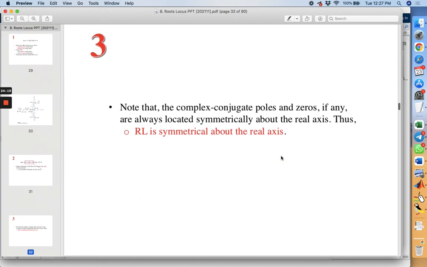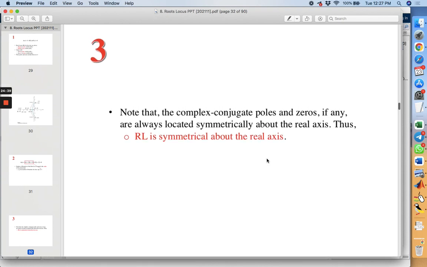Property number 3. Note that the complex conjugate poles and zeros, if any, are always located symmetrically about the real axis. Thus, we can say that the root locus is symmetrical about the real axis.